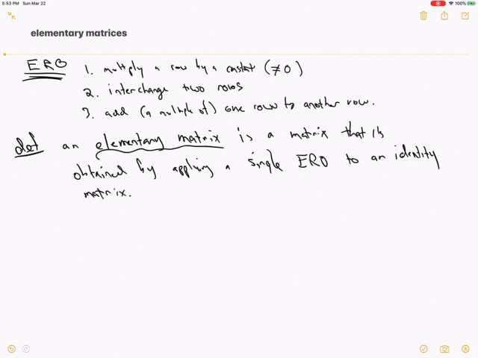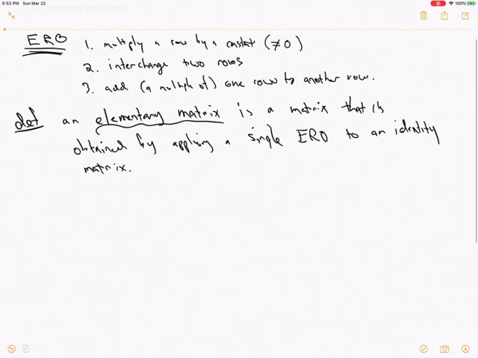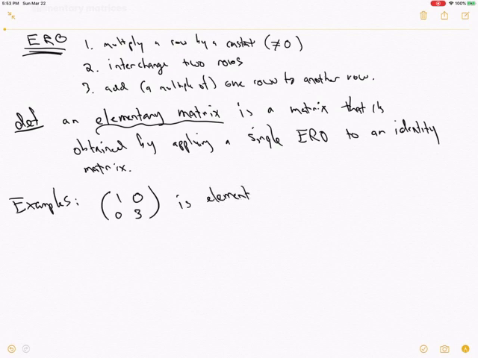Okay, so that's what the elementary matrices are. Just a couple of examples. We can take the matrix with rows 1, 0 and 0, 3. That's an example of an elementary matrix. How can you see that it's elementary?